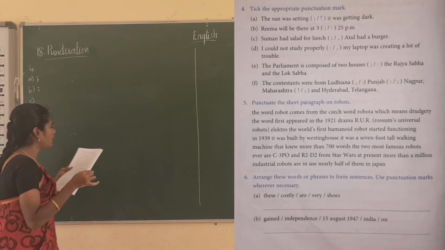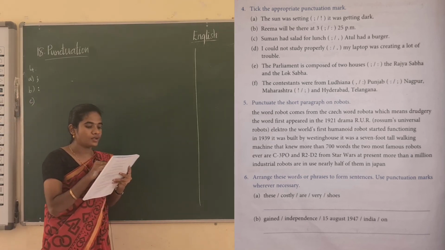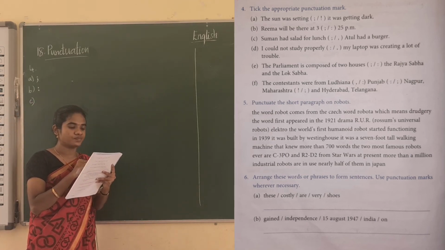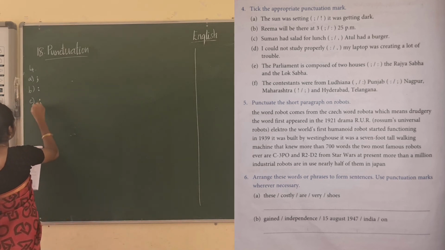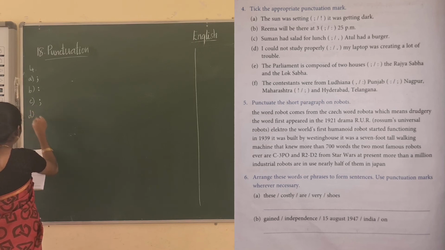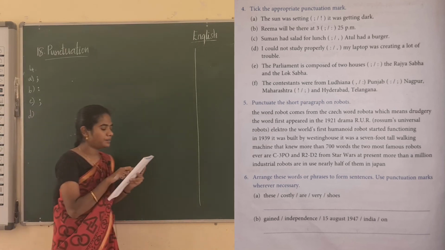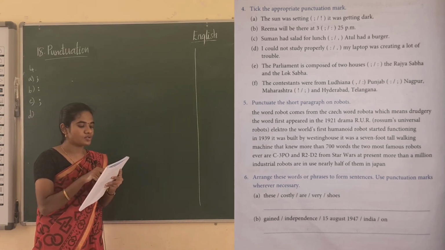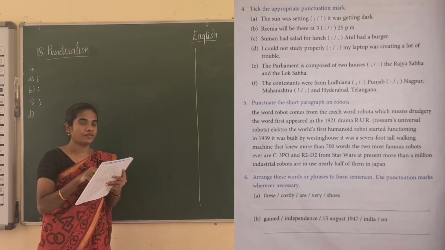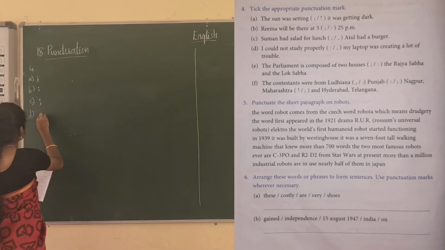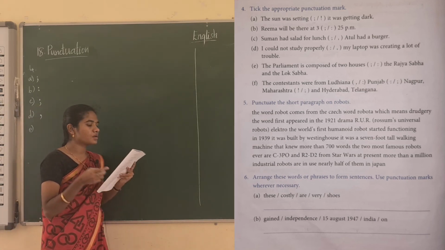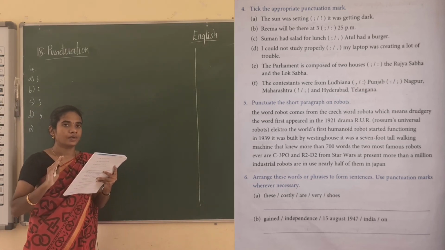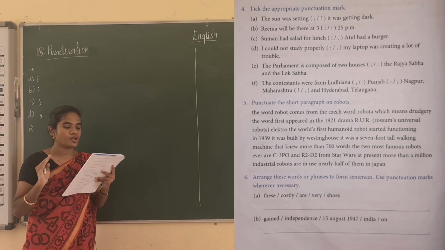Then C, Suman had salad for lunch; Atul had a burger. So you have to put a semicolon. Then D, I could not study properly, my laptop was creating a lot of trouble. So here you have to put a comma. Then E, the parliament is composed of two houses: the Rajya Sabha and the Lok Sabha.